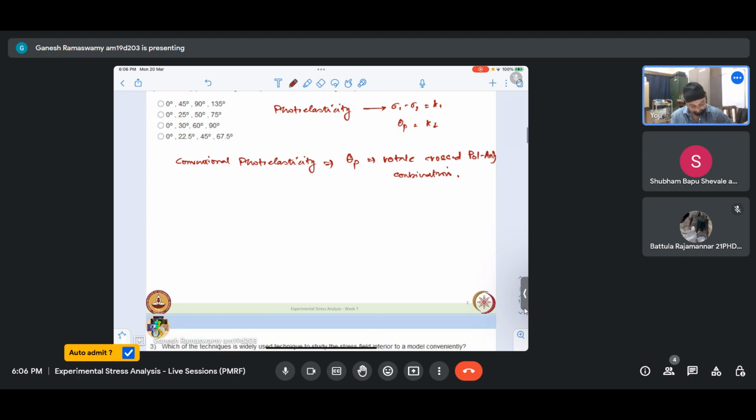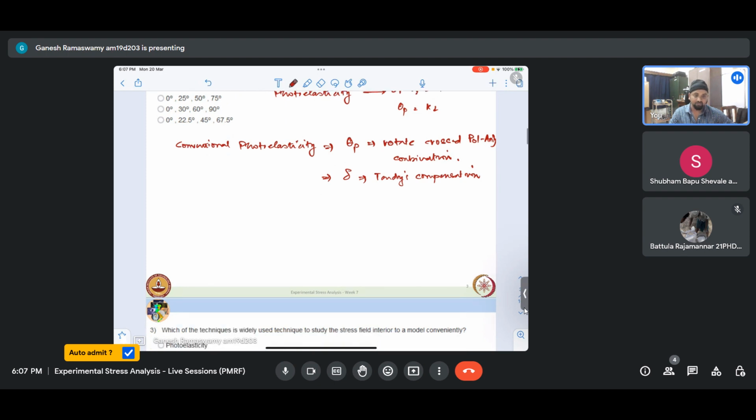And for delta or n, we can do Tardy's method of compensation, which, if you remember, is nothing but first we identify the isoclinic angle at that point, then set the entire circular polariscope at that isoclinic angle and just rotate the analyzer so as to introduce artificial known retardation, which we will subtract out once our fringe of interest reaches the point of interest. So this is what is done in conventional photoelasticity.